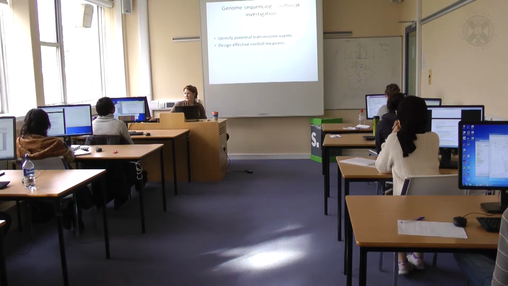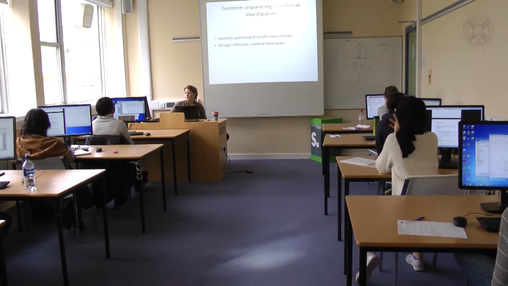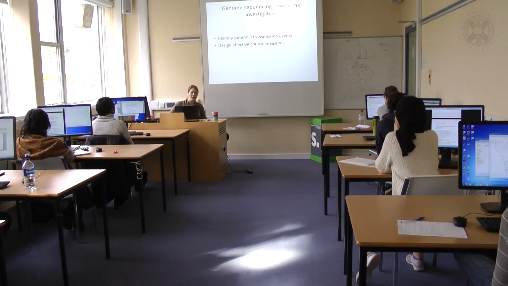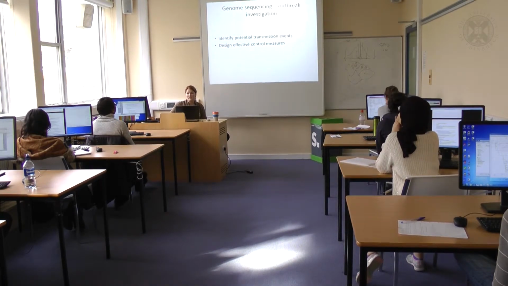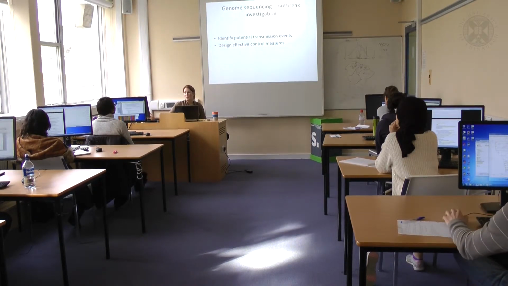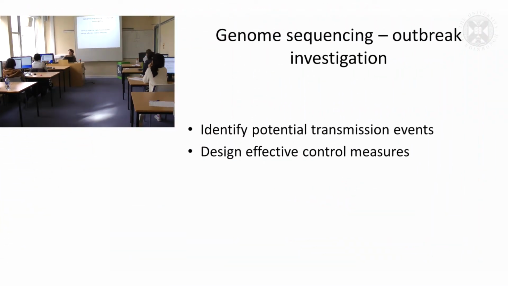And there's a number of reasons why you use genome sequencing. You're getting more information because you're looking at a whole genome rather than a few genes. And as I was saying before, you get things like horizontal gene transfer, which this can take into account more than if you're just looking at multi-locus sequence typing genes.